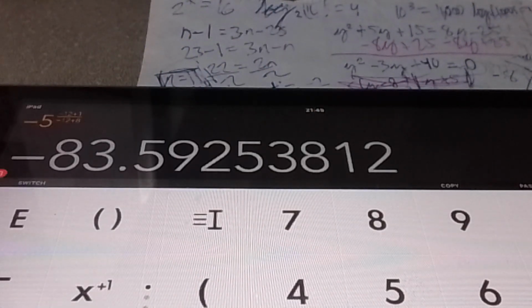We are supposed to be getting a power of negative 83.59 something. So put that in your head, or let me write it down so we won't forget. The answer that we get is negative 83.59253812. That's the answer that we're supposed to get.